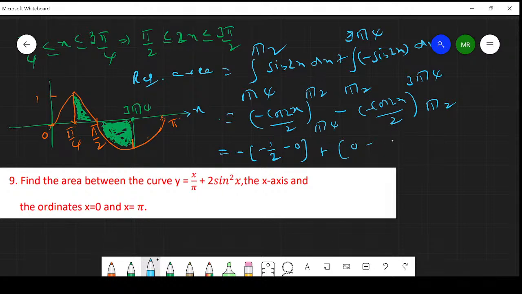You can check that. Minus 1, it will be plus 1 by 2. So plus 1 by 2 plus 1 by 2, it comes 1 square unit.